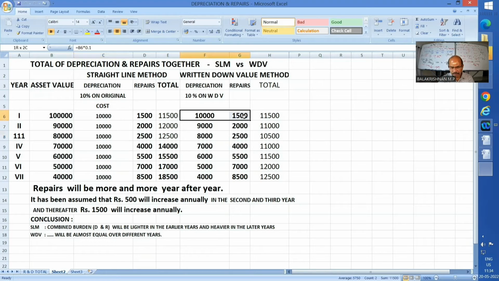And this is the combined effect. 11,500, 11,000, 10,500 like that. You don't find so much jumping after 2-3 years from lighter to heavier. It's almost similar, no? That's why let us draw a conclusion that under WDV, combined burden of depreciation and repairs will be almost equal over different years.